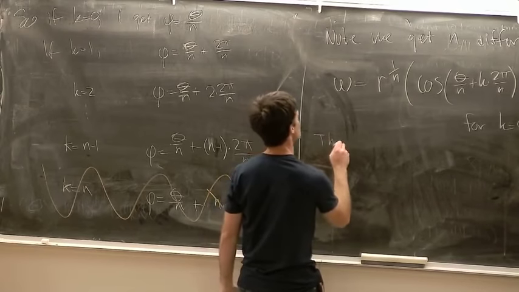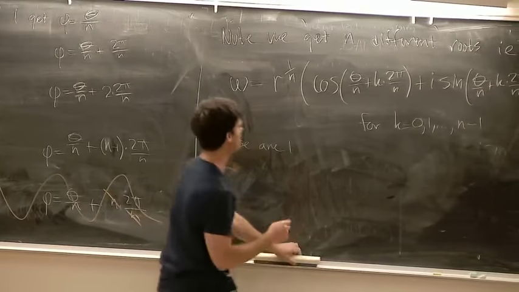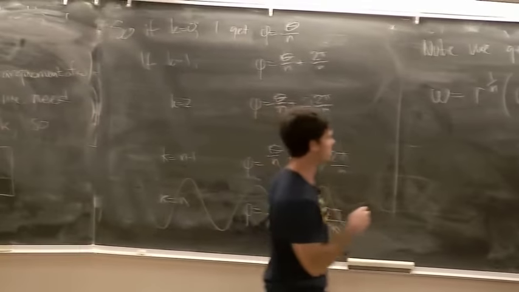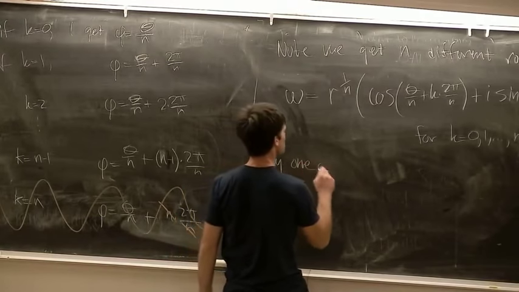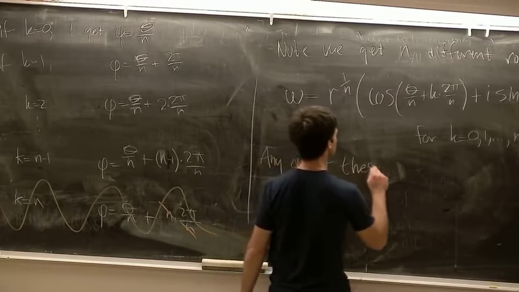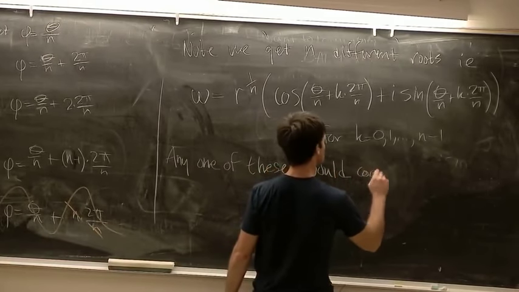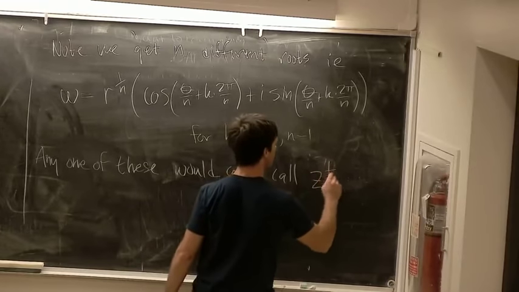So these are the n different roots. Any one of these we could call z to the 1 over n.